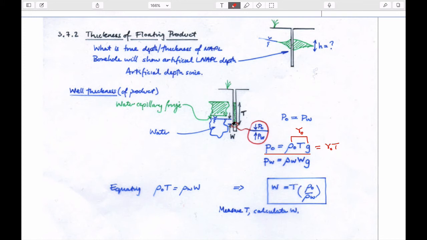But we know that the pressure acting upwards here is in communication with the reservoir, and we know that there's an oil table that sits up here, and we know that there's a water table that sits down here. We know that by definition the water table is somewhere where the pressure is atmospheric.